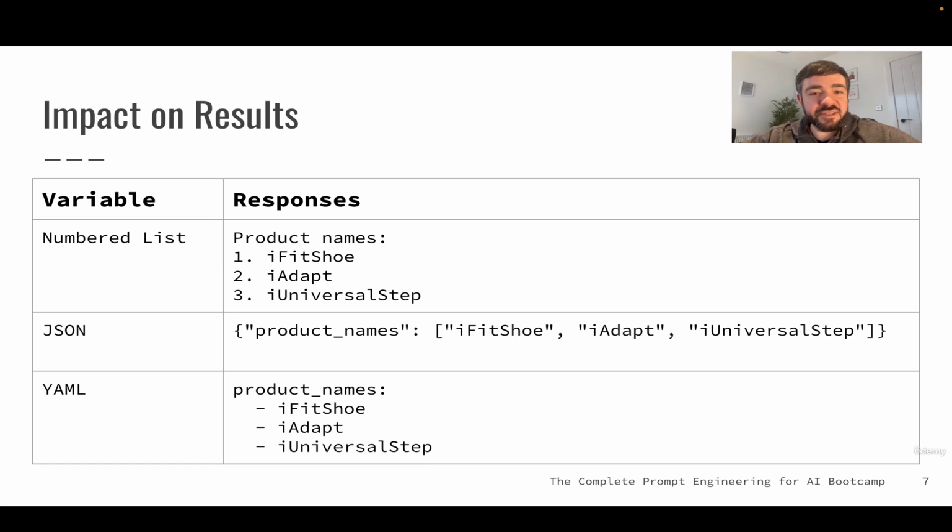And what impact on the results does it have? Depending on how you want the format, you could have it as a numbered list. This is if we change the prompt to have a numbered list, it comes out like this. But then if you're a developer and you're working on a product, you typically want the data to be structured in a way that you can parse it and use it in the next step, like displayed in the UI. So JSON is a very common mode.